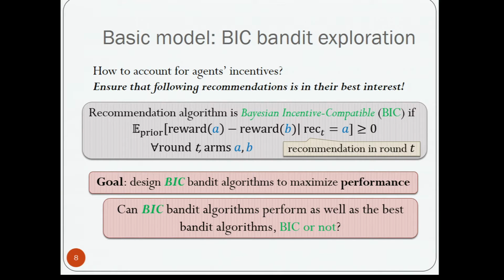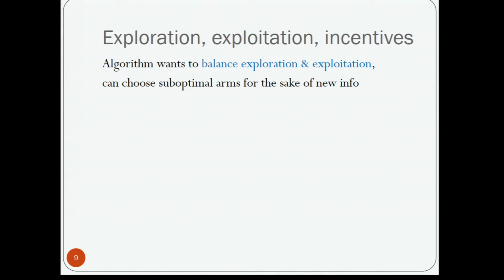And so the goal is to design BIC bandit algorithms with good performance. One particular thing we could ask is, can BIC bandit algorithms perform as well as the best bandit algorithms, BIC or not? Or how much do we need to lose? Let me discuss a few things. Clearly the algorithm wants to balance explore and exploit, but actually we have a three-way trade-off here between explore, exploit, and incentives.